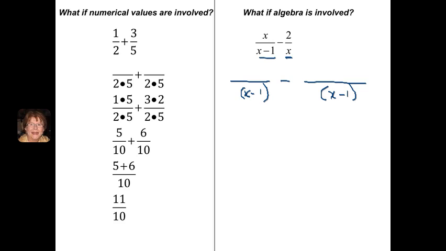X is a factor in this denominator. Therefore, it will be a factor in our lowest common denominator. I just found my lowest common denominator. If it's a factor in the original denominator, then it's a factor in the lowest common denominator. Do you remember what the next step is?